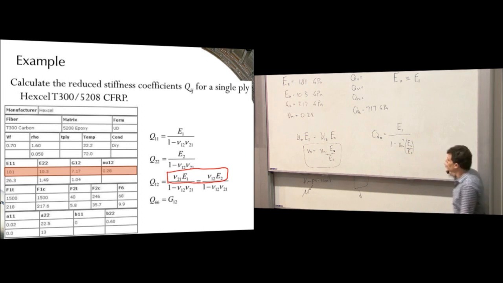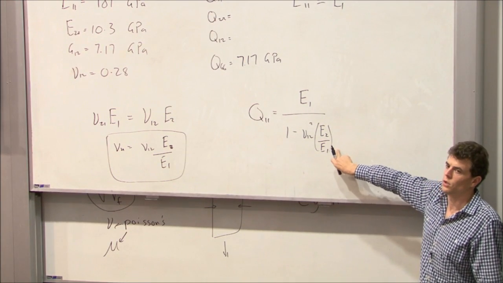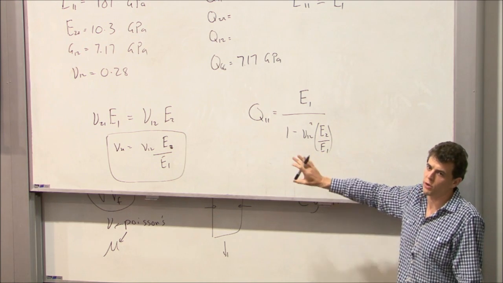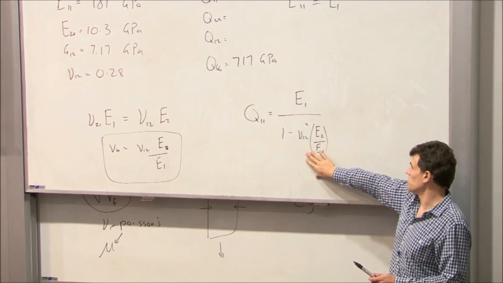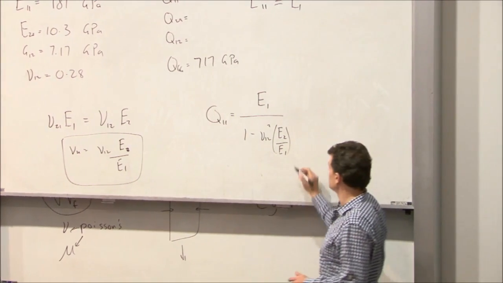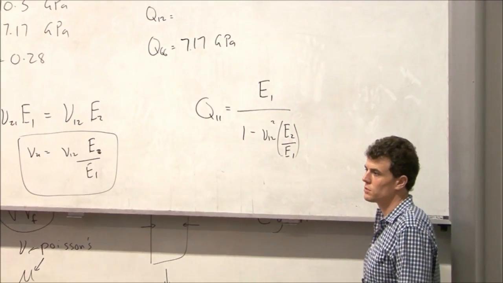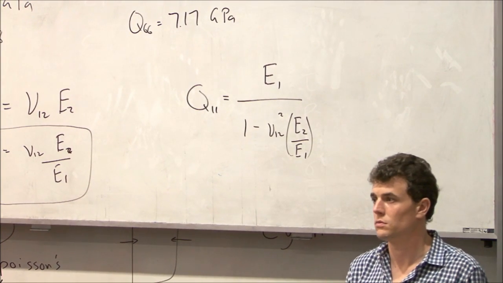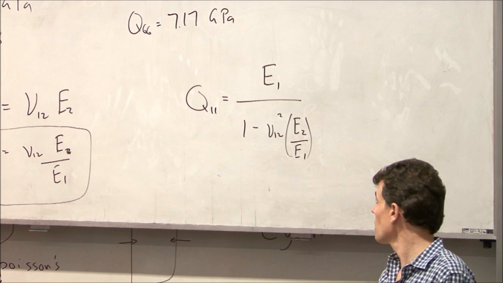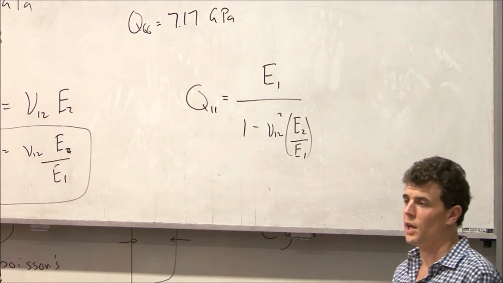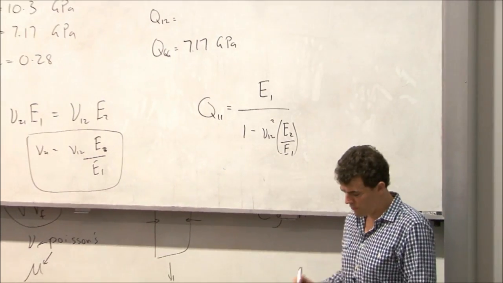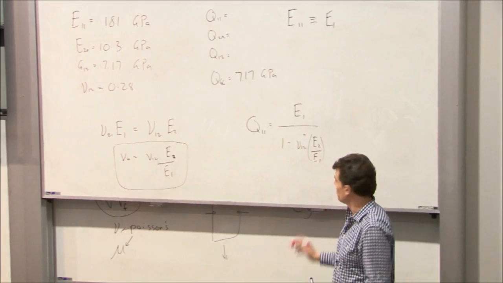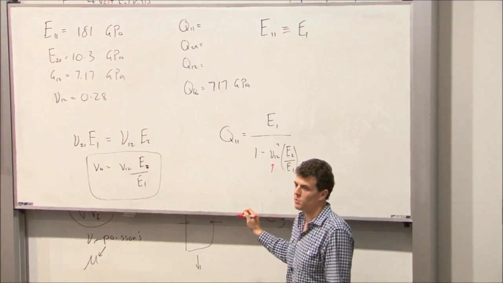It also means you can make that substitution if you want. You can substitute in nu21 into the bottom half of your formulae, and it means that you don't have to handle nu21 everywhere. But what you should be seeing by now is that for carbon fibre, that bit on the bottom ends up being pretty small, because this is something like 0.3.